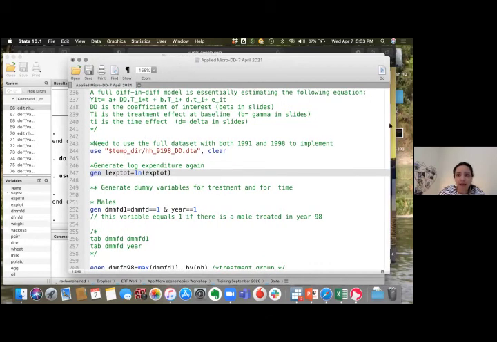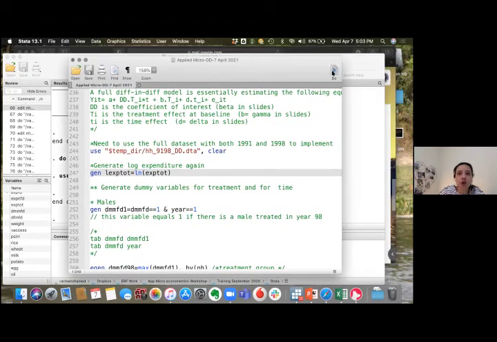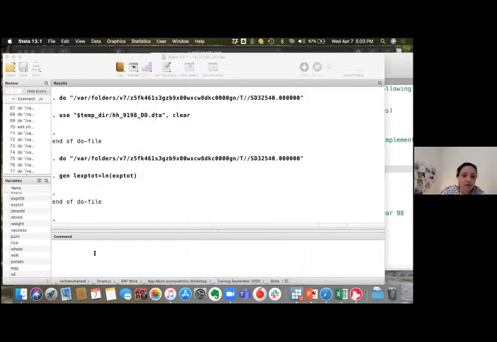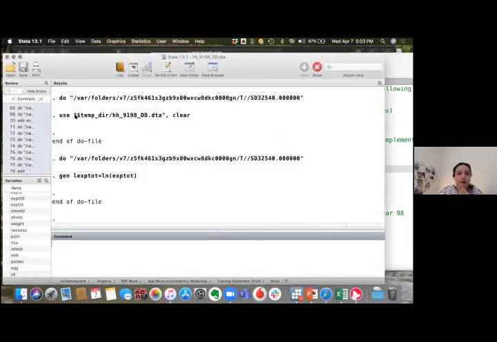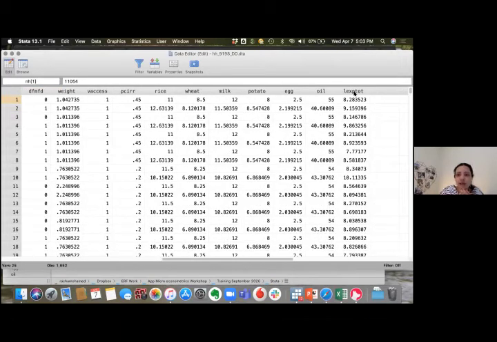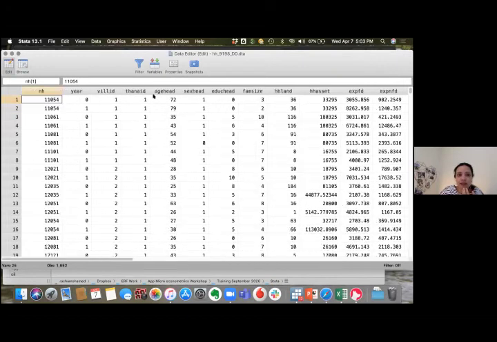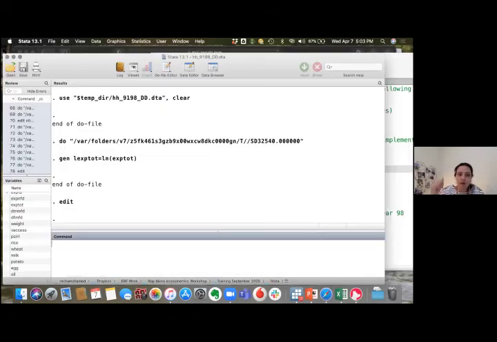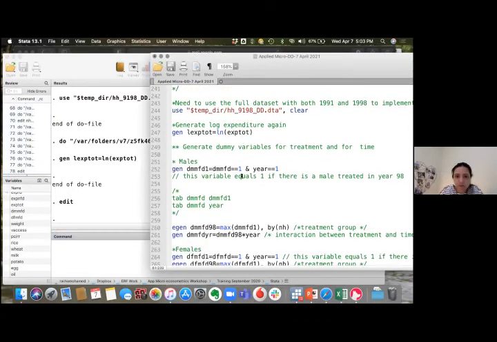Here again, I am opening my long shape data set where for each observation I have 2 lines, and I have all the characteristics of the households and total expenditure for year 91, year 0, and year 98. When we were using the t-test, I manipulated the data, dropping all the values of 91. So now I'm reusing it all again.